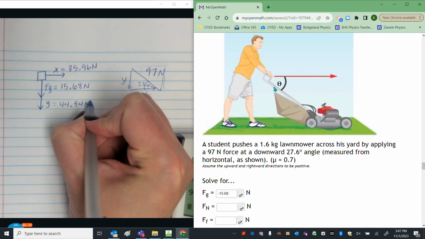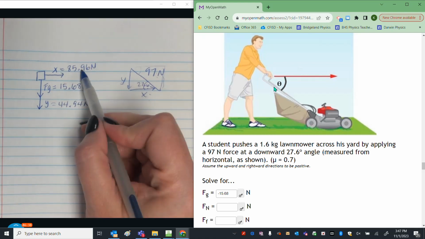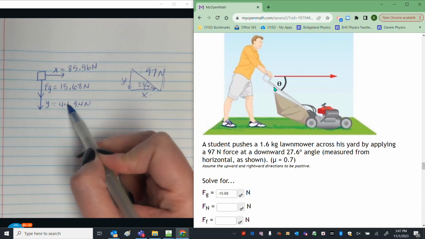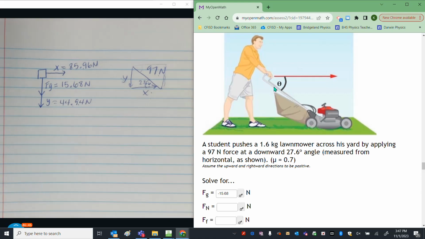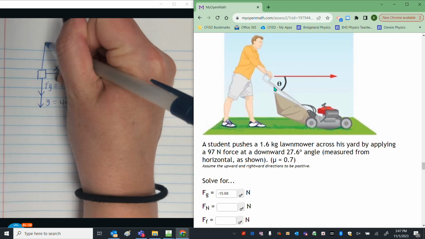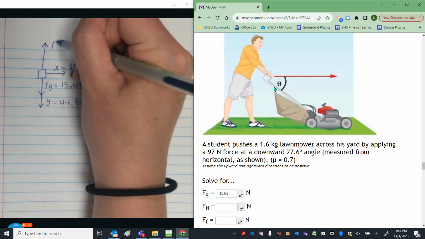Okay, so again, he's pushing both to the right and down. There's to the right, there's down, there's both of them, there's his resultant. But these are the ones I want to draw on my diagram. All right, so we've got those. His normal force, again, this lawnmower is not accelerating off of the ground. It's just going along the surface. So my vertical forces need to be balanced.